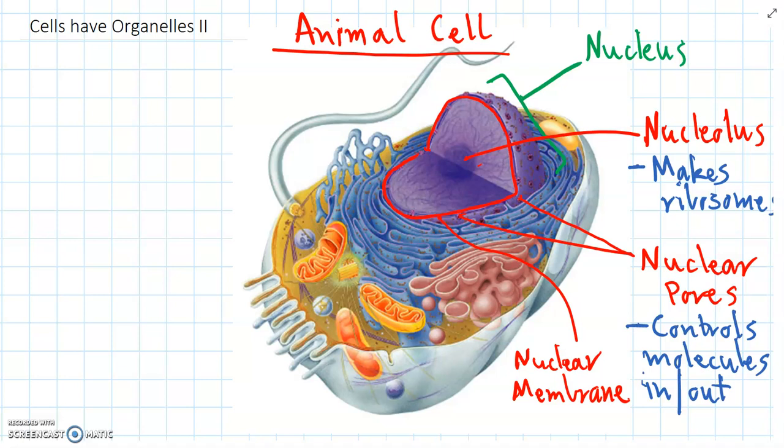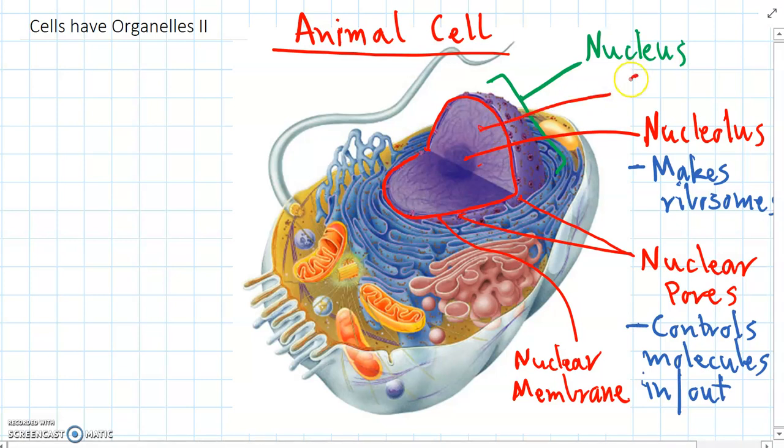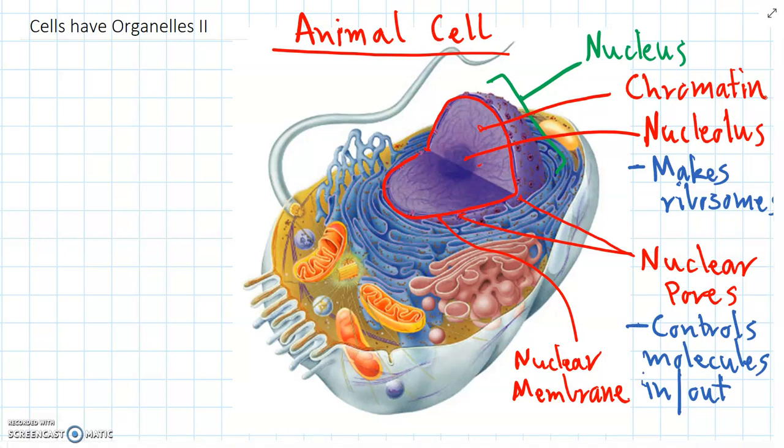And for the nucleus, it's responsible for keeping the DNA all in one place. And the DNA we call chromatin, because it's the DNA molecule all mixed together with some other molecules too, to make it easier for the cell to use.